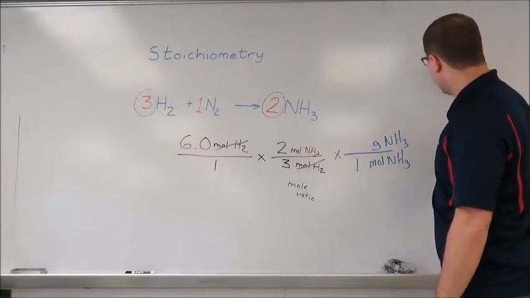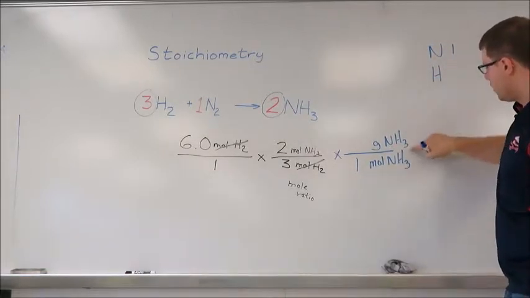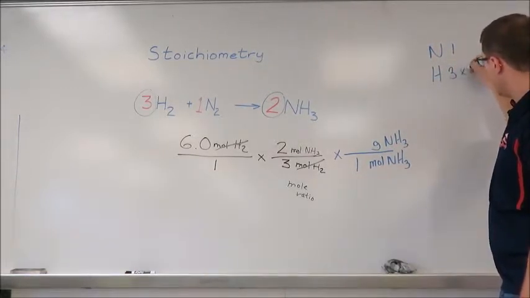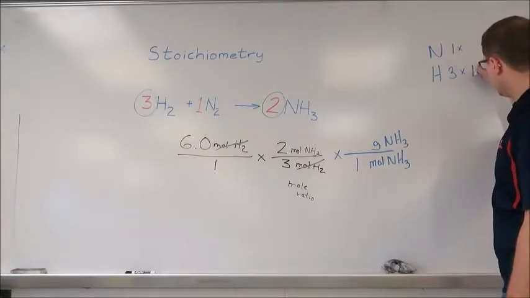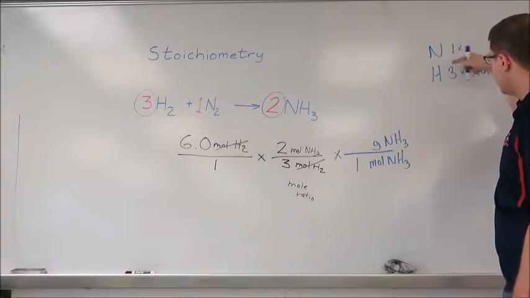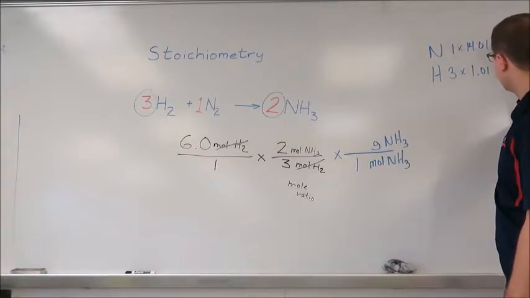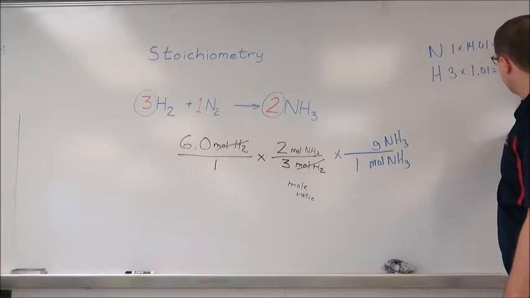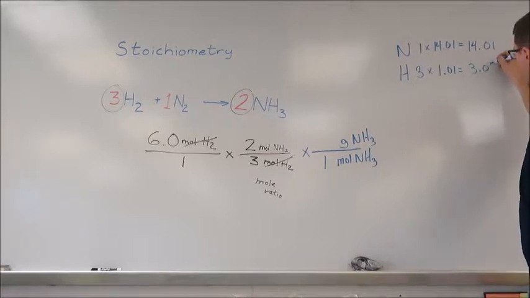In that compound, we know we have nitrogen and hydrogen. We have 1 nitrogen, 3 hydrogens. We multiply them by the mass on the periodic table. Hydrogen is 1.01. Nitrogen is 14.01. And we multiply across. 14.01, 3.03.